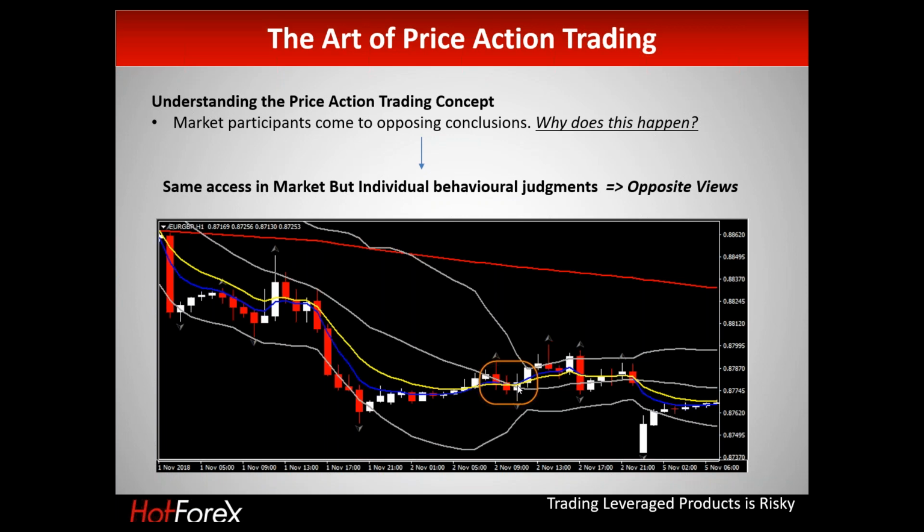Okay, so this is something that is visible to everyone. All of you can see this cross of the 15 moving average above the 20, right? All of us can see it, right?